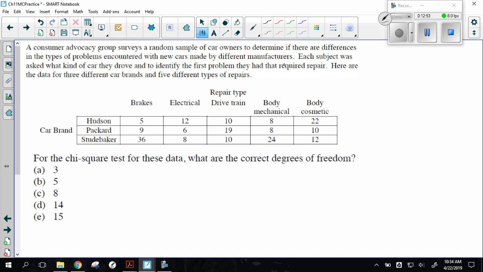We don't need to know any of that stuff. All we need to know is what we did before, right? It's going to be our rows minus 1, so 3 minus 1, times our columns minus 1, 1, 2, 3, 4, 5. So that means that our degrees of freedom is going to be 2 times 4, or 8 degrees of freedom, which is C.